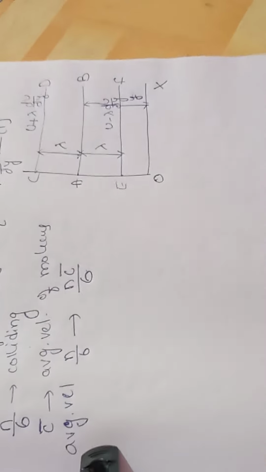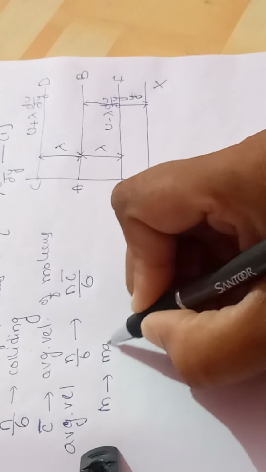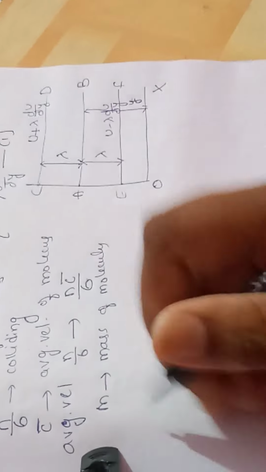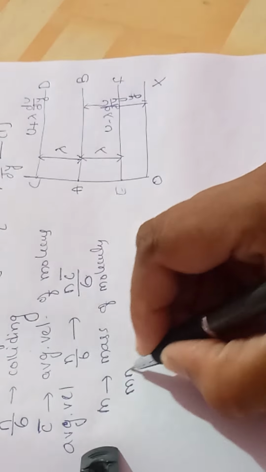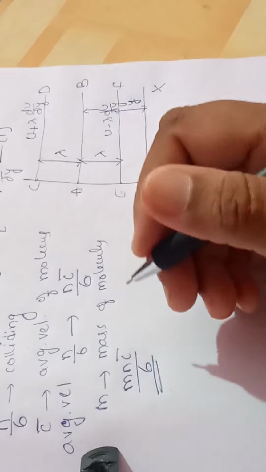Next, if m is the mass of a molecule, then the mass becomes mn c bar by 6 for n by 6 molecules.